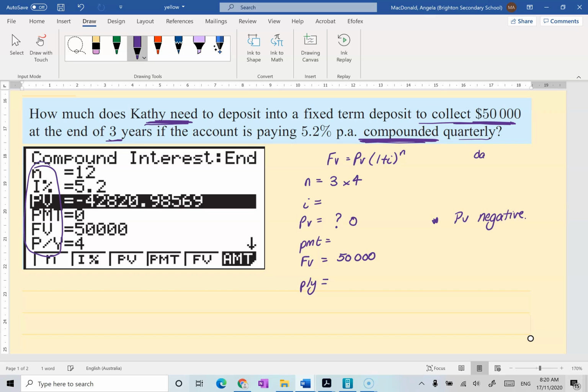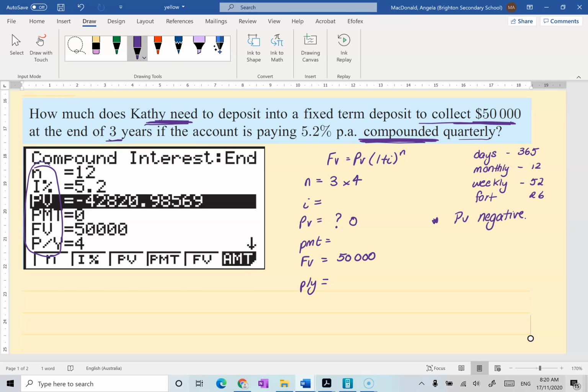For days, we know there's 365 days in a year. If it says monthly, then we're talking 12. If it says weekly, then we've got 52. And if it's fortnightly, then we've got 26. Hopefully that covers it, right? Quarterly, we've said is 4.